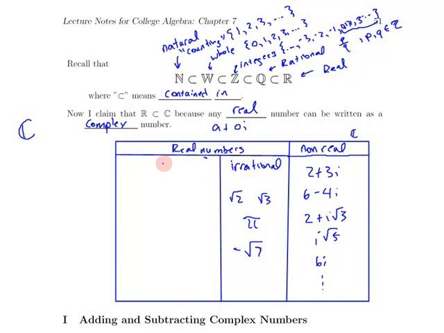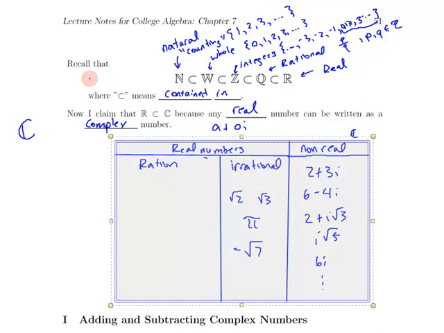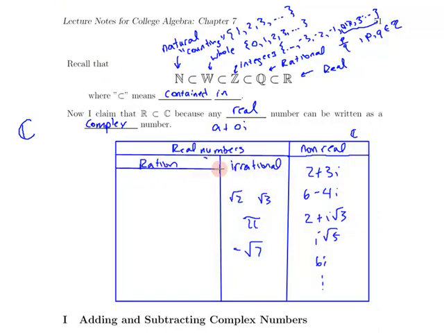Those are irrational numbers. And then you have the rational numbers, being those numbers that can be written as a fraction. Rational.